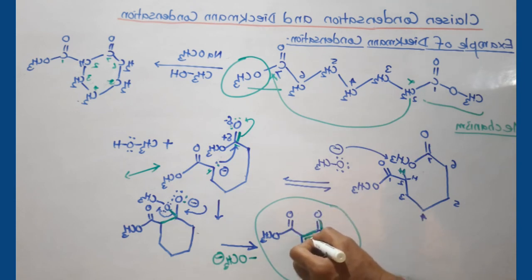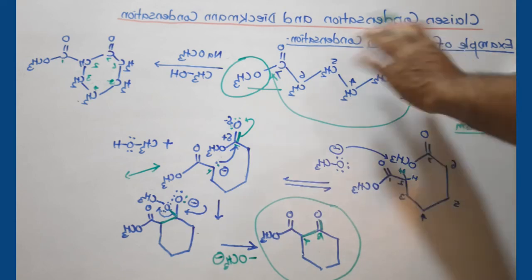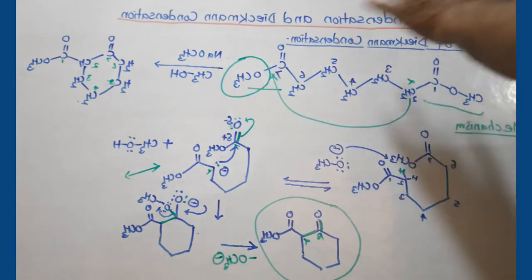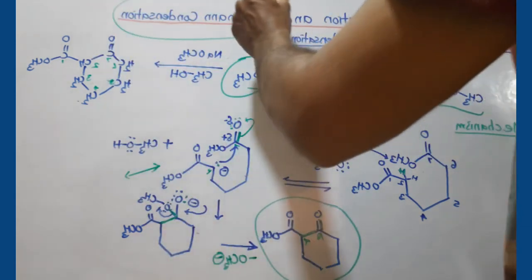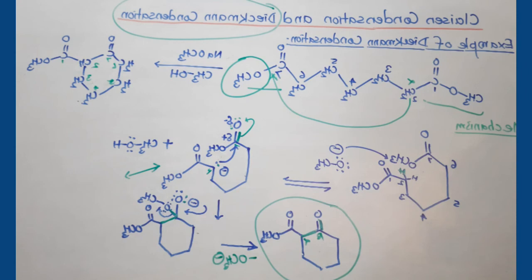This is beta, this is alpha, and this is beta. So at the beta position there is a carbonyl group, but the whole reaction is taking place within the same molecule, and that's why another name is given, that is Dieckmann condensation. So in this way you can have this mechanism, and we have learned Claisen condensation and Dieckmann condensation.